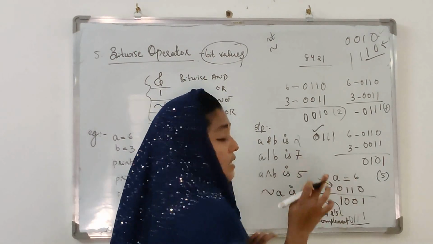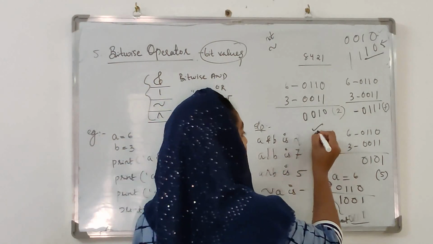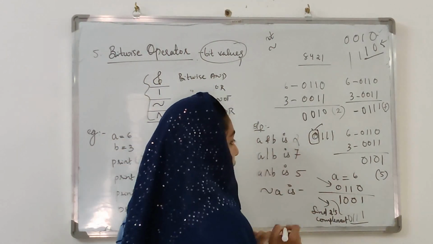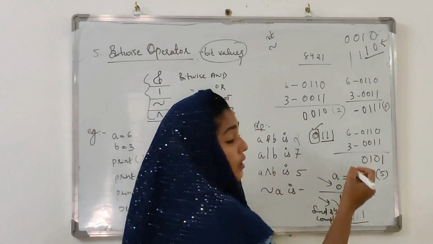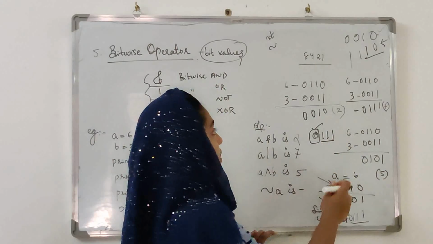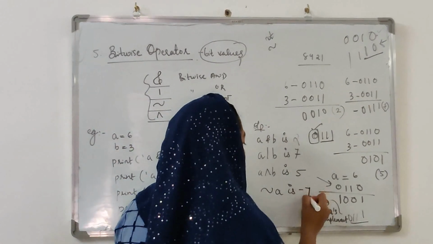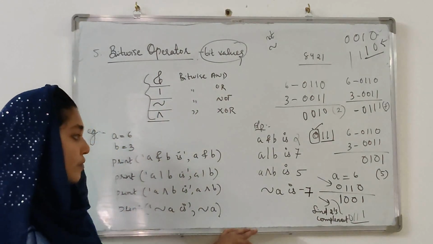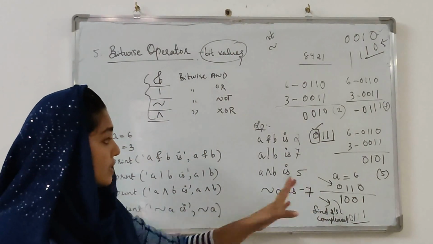If the first bit is 1, it means it is positive. So here our first bit is 0, which means our output is negative. Then find the value of the remaining bits. 1, 1, 1 is equal to 7. So what is our final output? NOT A is minus 7.